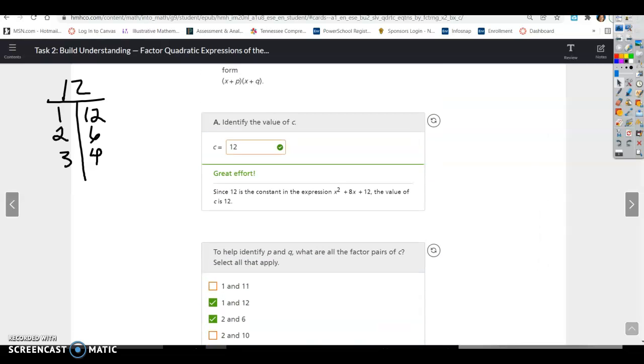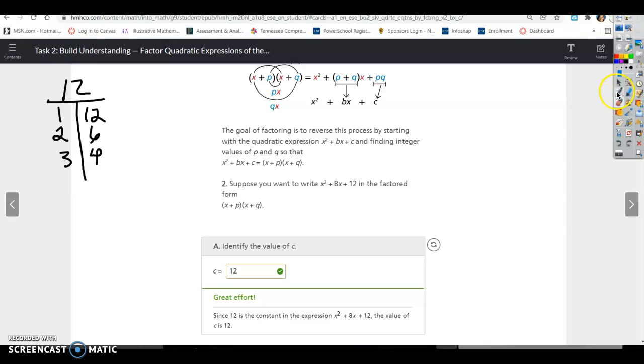Go back up here and let's see what b is. We've got x squared plus 8x plus 12. So we know c was 12, and now we know that b equals 8.